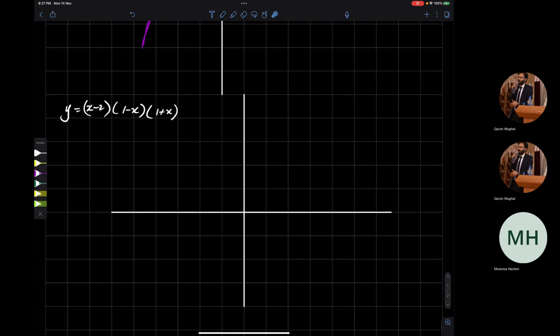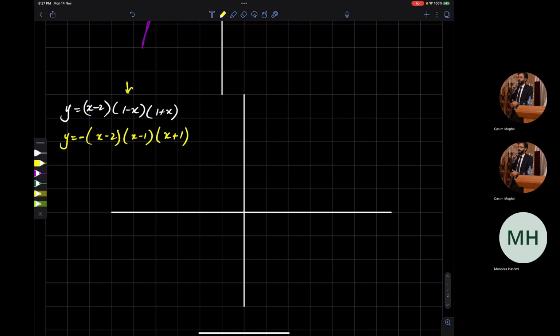If you want to rearrange them, you can do it for your ease, and that's going to give you x minus 2. If I take the negative sign common from here, that's going to come out over here. Then inside, I'm going to get x minus 1. As I have taken negative as common, this negative x has been changed to positive x, positive 1 to negative 1. And then the last one stays as it is. I've only swapped their places.